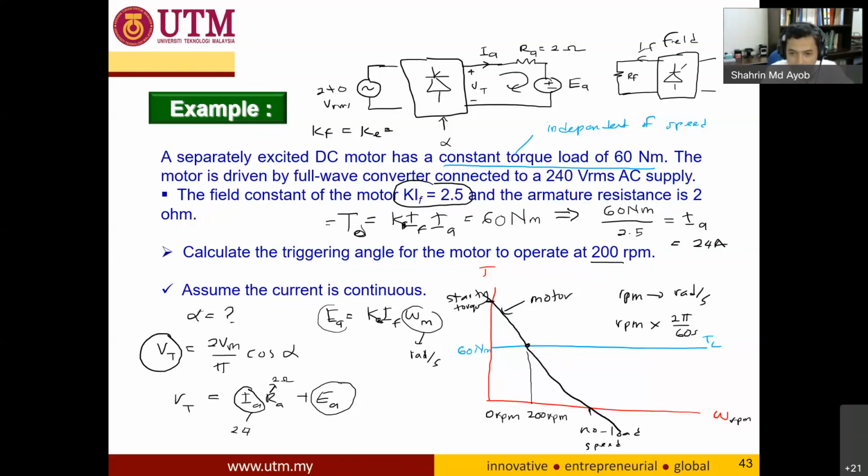So the rotation is 200 multiplied by 2 pi over 60. You should get your speed is 20.9.